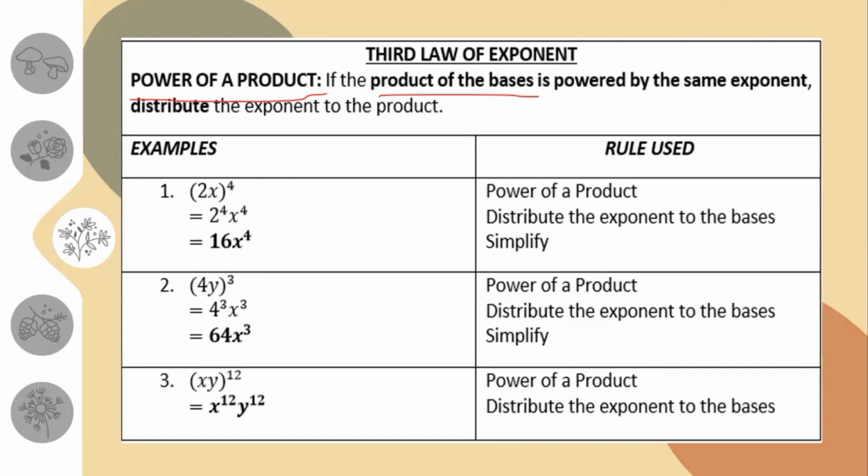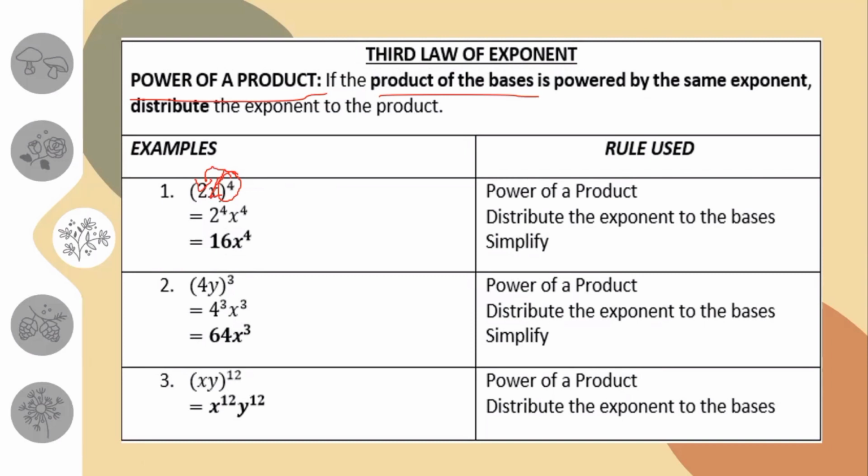So in this case, we are applying the power of a product. So we have to distribute now the exponent that is found outside the parentheses to each term that we can see inside the parentheses. So yung 4, i-distribute natin sa exponent ng 2 at saka sa exponent ng x.